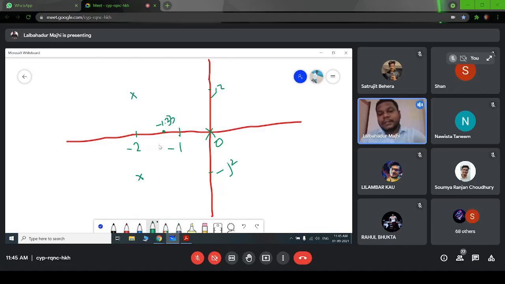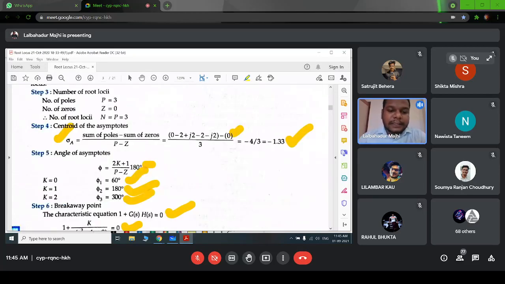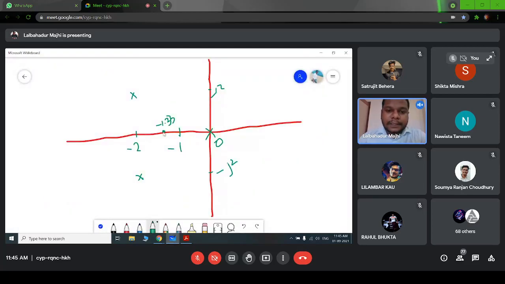So now from this centroid, we will draw our asymptotes. So what are the angles of the asymptotes? 60, 180 and 300 degrees. So 60 will be this one, 180 is this one, and 300 is this one. Our asymptotes are 60, 180 and 300. So we have 3 asymptotes.